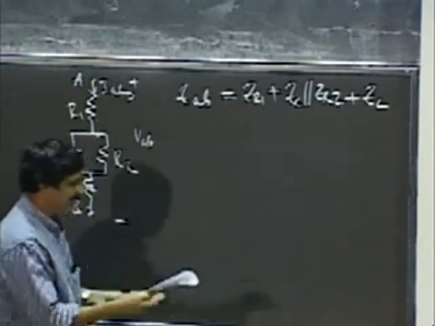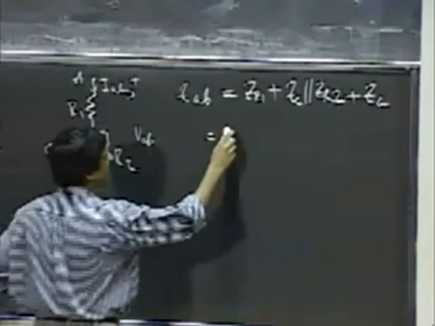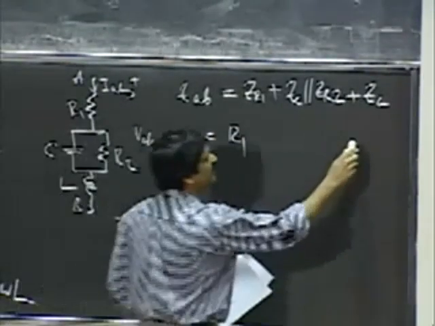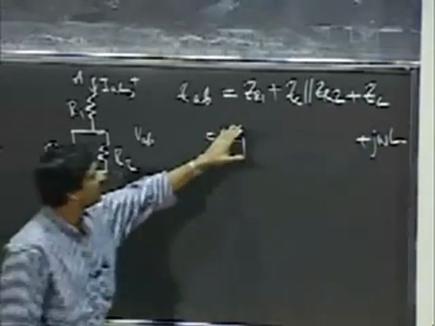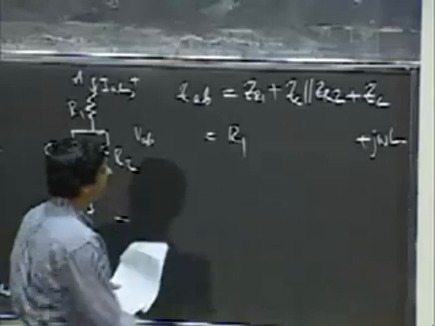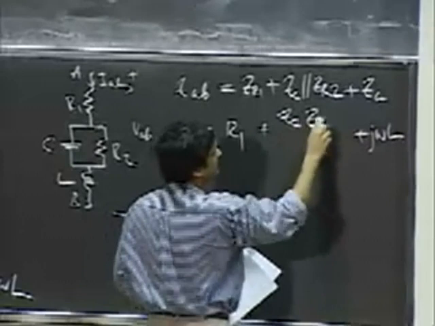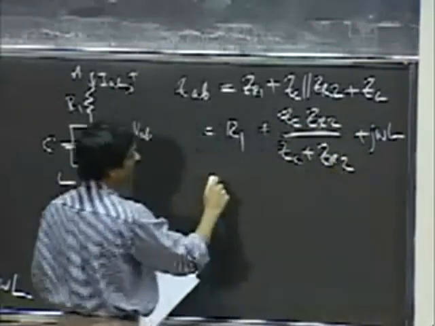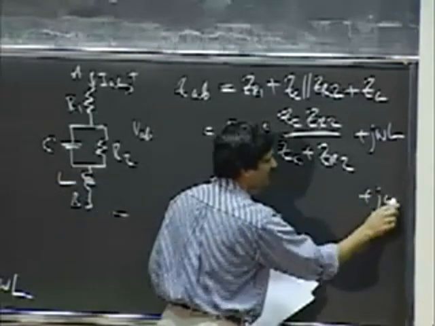This time around we have impedances. And replacing this with the values, this is R1. I know for ZL, it's j omega L. And so for ZC parallel ZR2, it is given by ZC times ZR2 divided by ZC plus ZR2. Which is simply R1 here and j omega L.